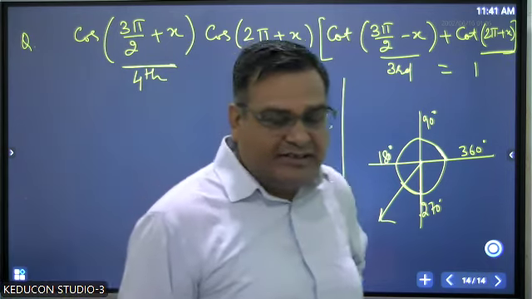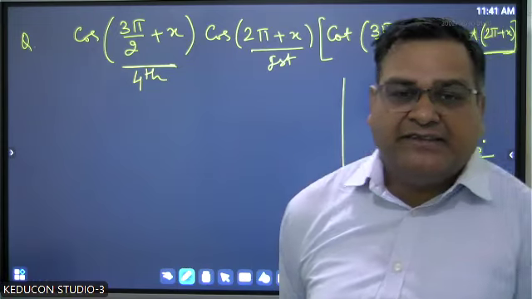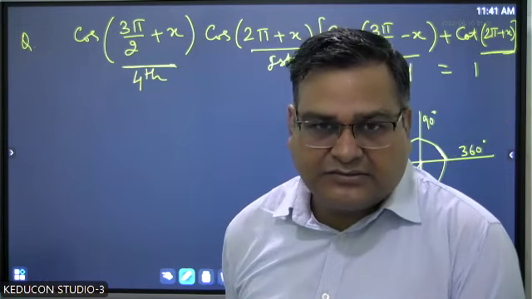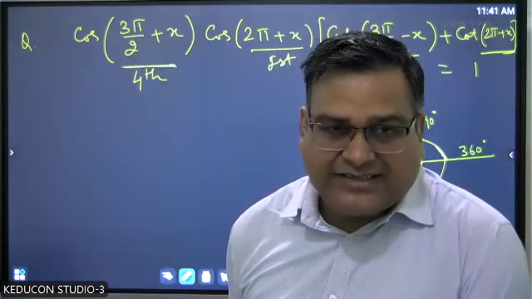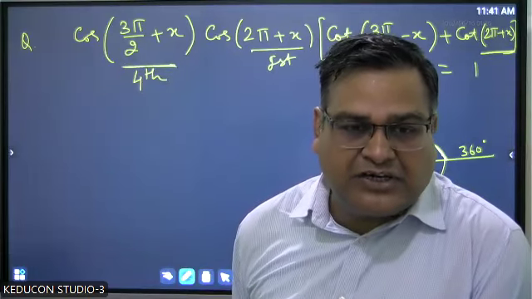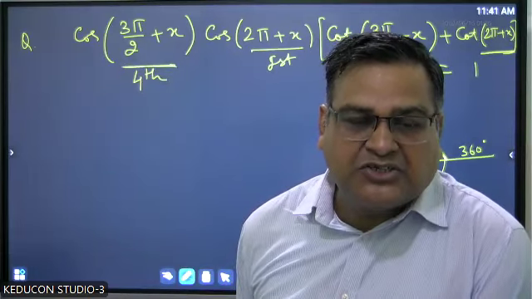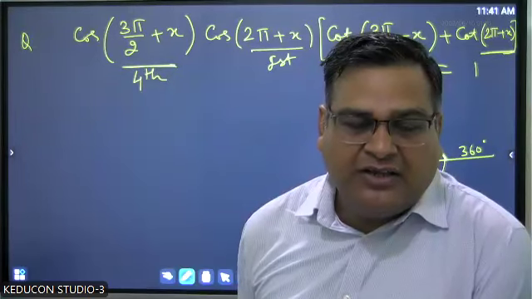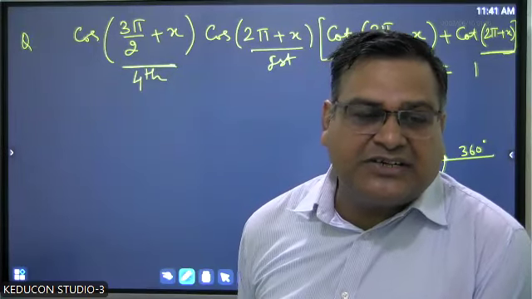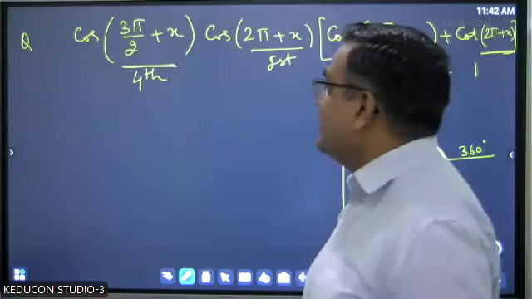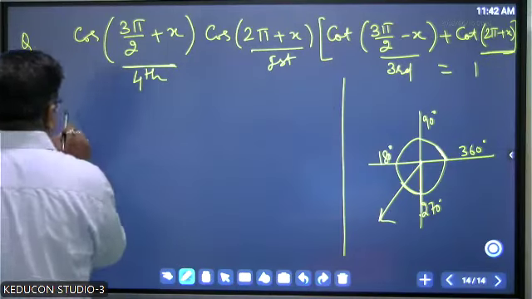Is cos positive or negative in the fourth quadrant? Sin x, right. Since it is 3 pi by 2, therefore the trigonometric ratio will change to its complementary trigonometric ratio. That is cos will change into sin. Since cos is positive in the fourth quadrant, hence it will be positive sin x.